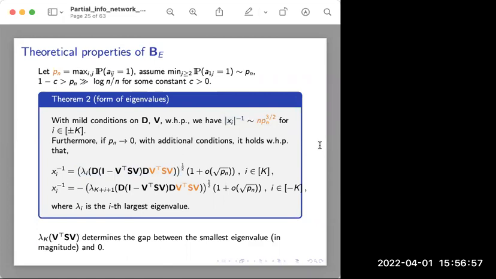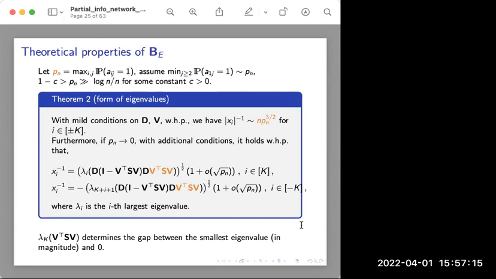And we know that the gap between the smallest eigenvalue and 0 determines how easy it is to do your spectral clustering. So in some sense, this is a measure of signal strength in your BE matrix.